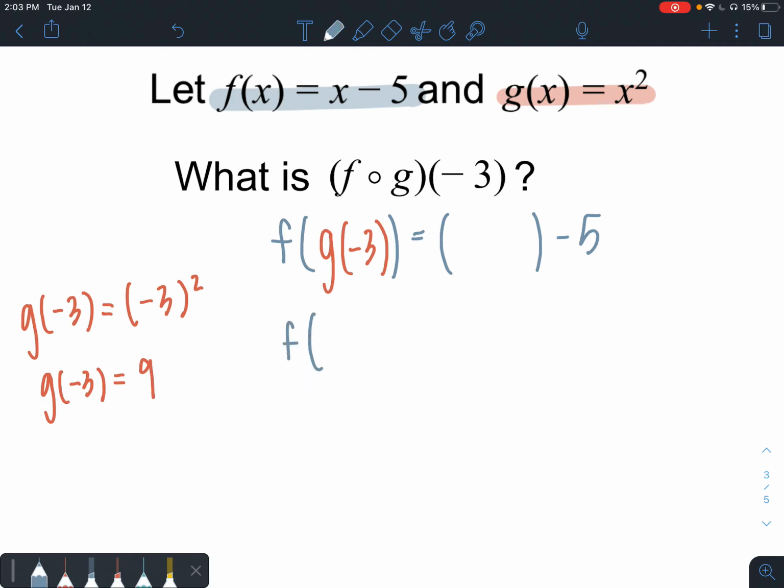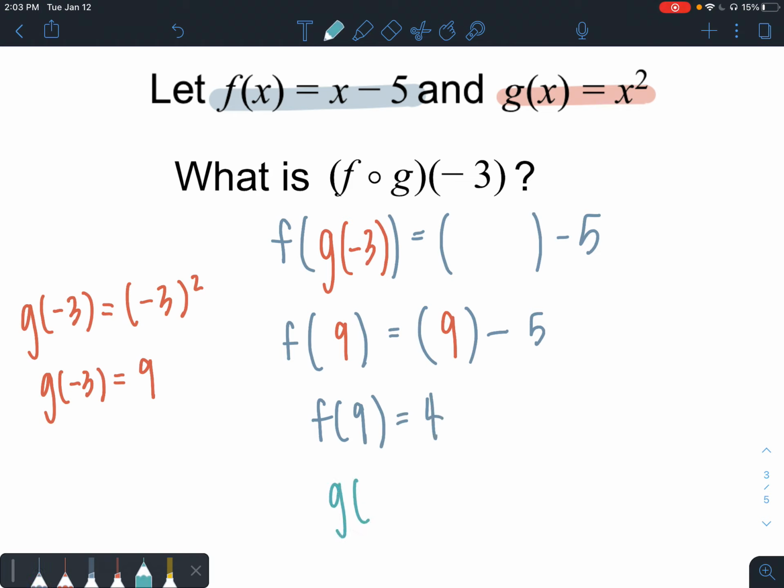So we have f of 9 equals 9 minus 5. So f of 9 equals 4, and so f of g of negative 3 equals 4.